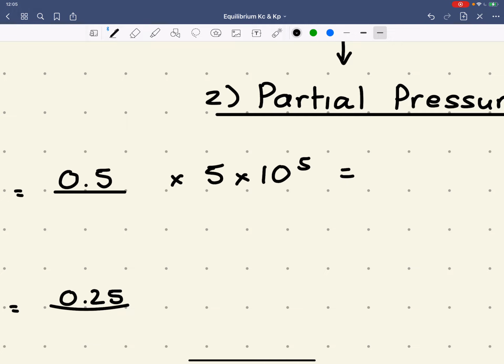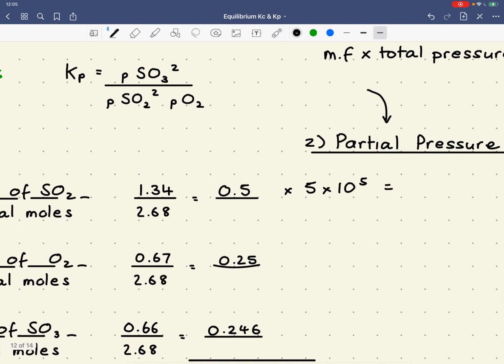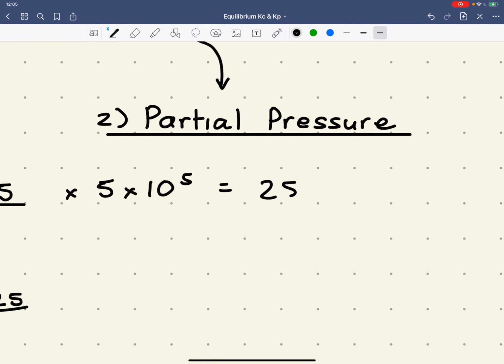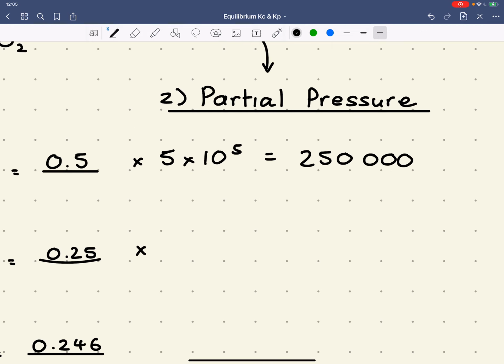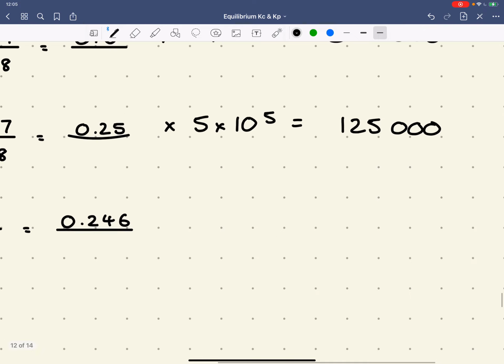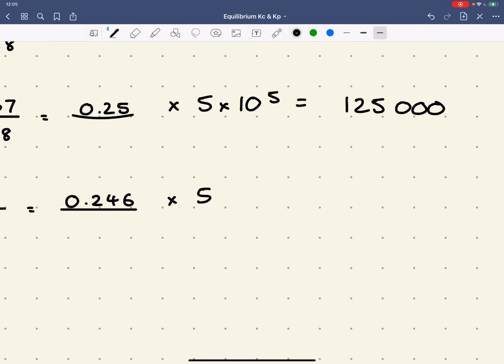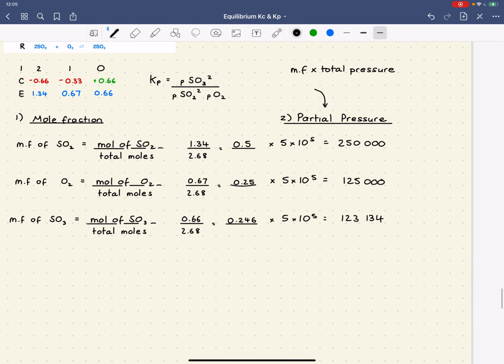And when you do that one, you should get 250,000. This gives you 125,000. And this will give you, again, just a touch under 134,000.